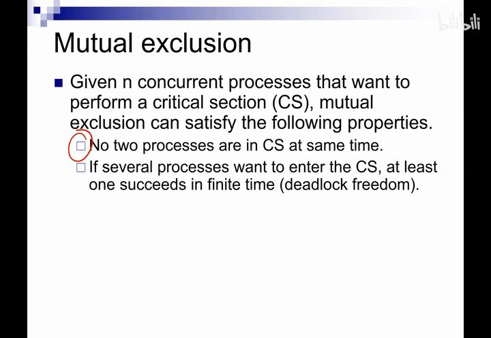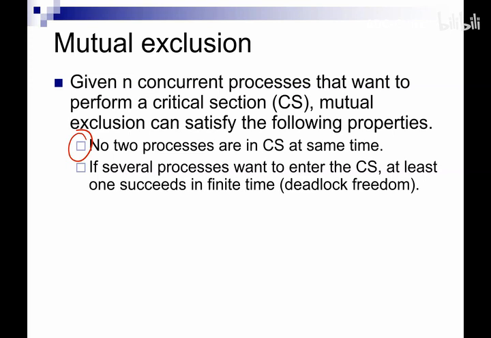One progress property is called deadlock freedom. This just says that your system does not deadlock, meaning that you don't have a situation where everybody is stuck. Another way to say this is that if we have several processes that want to enter the critical section, then at least one of them will succeed eventually in some amount of time.